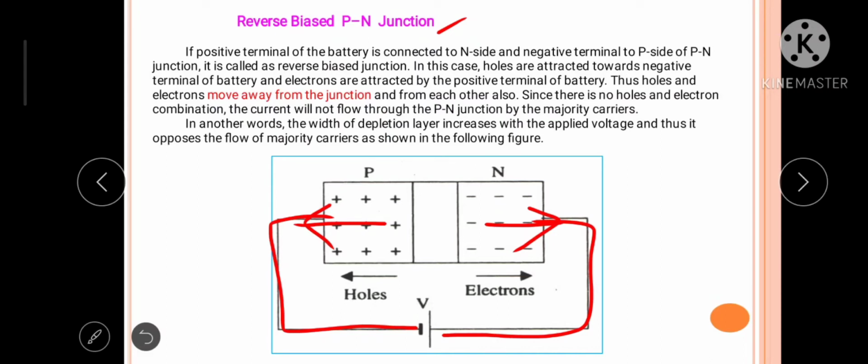Since there are no hole and electron combinations, the current will not flow through the PN junction by the majority carriers. In other words, the width of this depletion layer will increase with the applied voltage, and thus it opposes the flow of majority carriers.